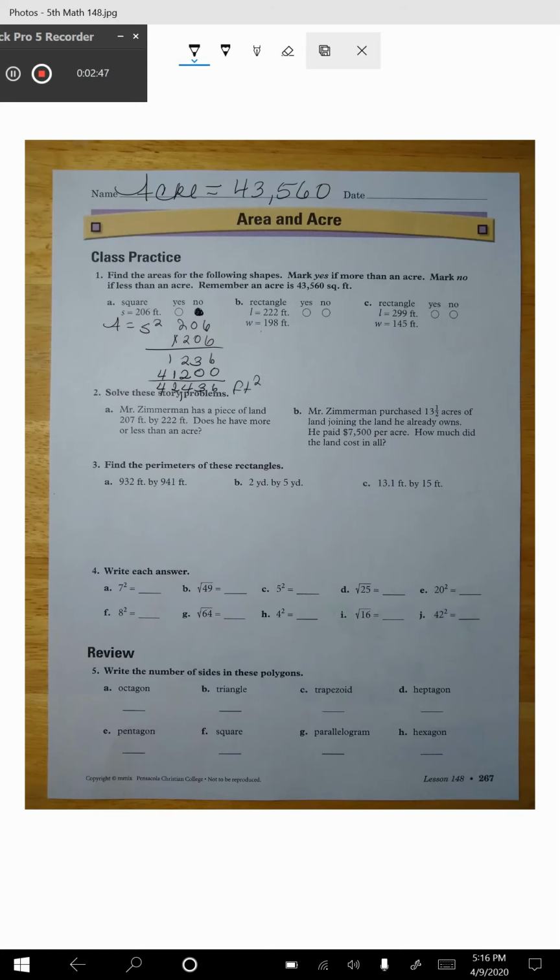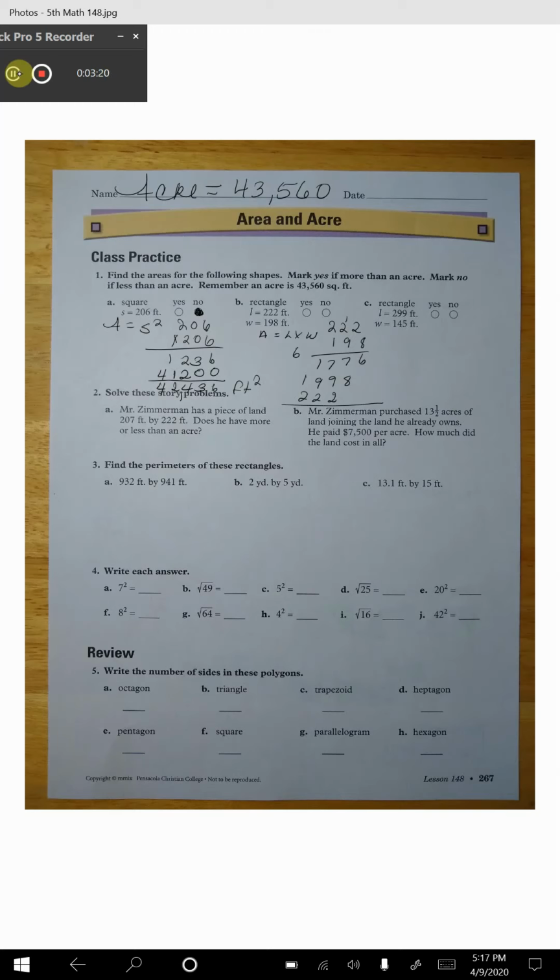All right, the area of a rectangle is length times width. So we're going to do 222 times 198. Not much room for my answer here, so I'm going to write it up here.